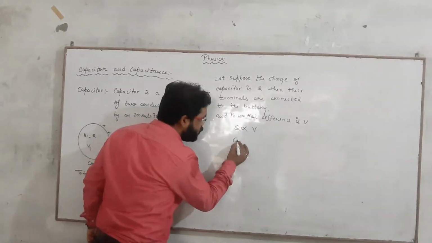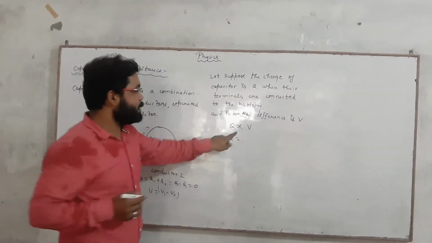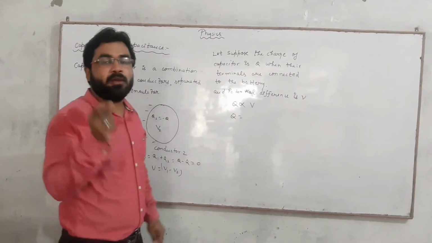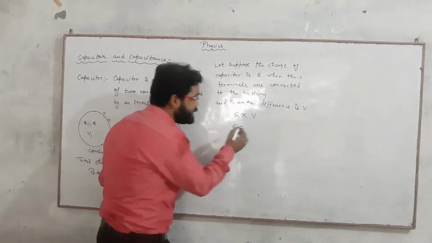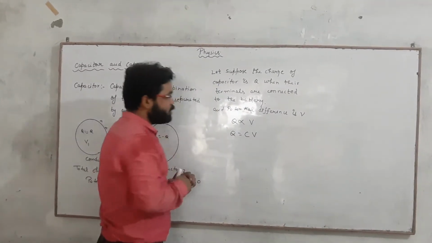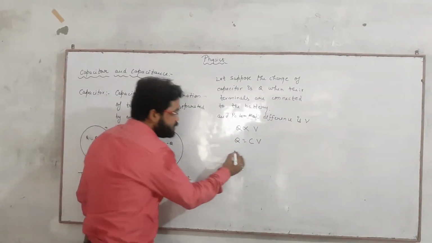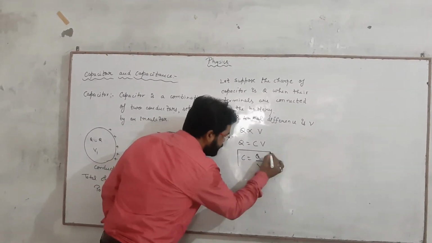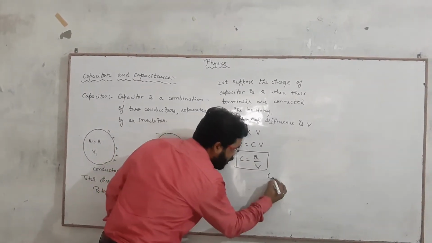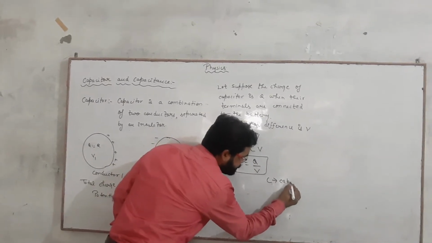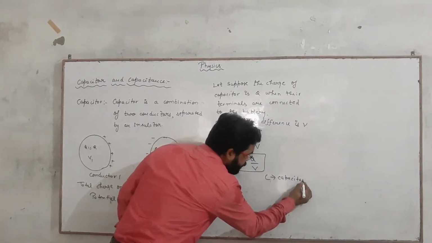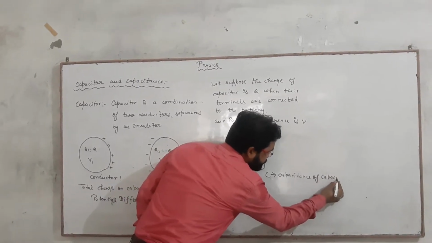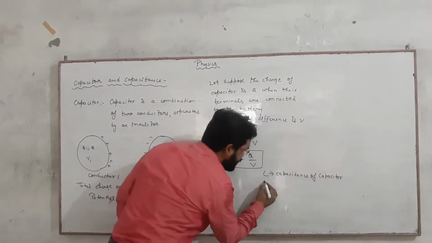I have told you, whenever the proportional sign is removed, one constant will come. Here that constant is C. So Q is equal to CV, so C is equal to Q by V. This is called the capacitance of the capacitor.